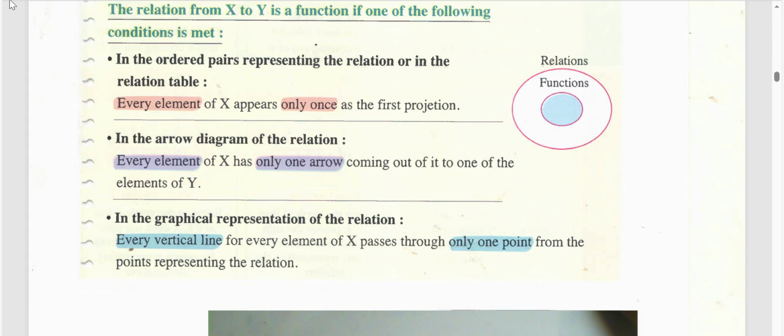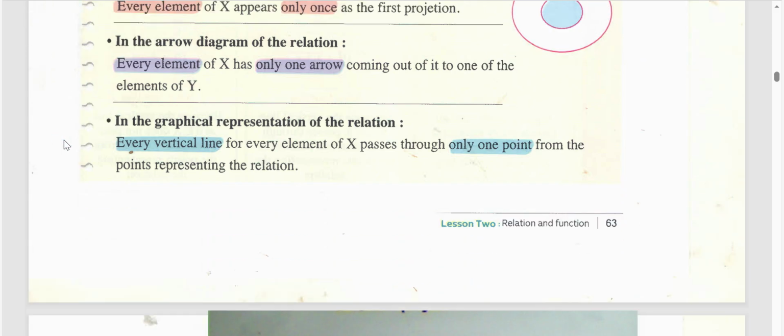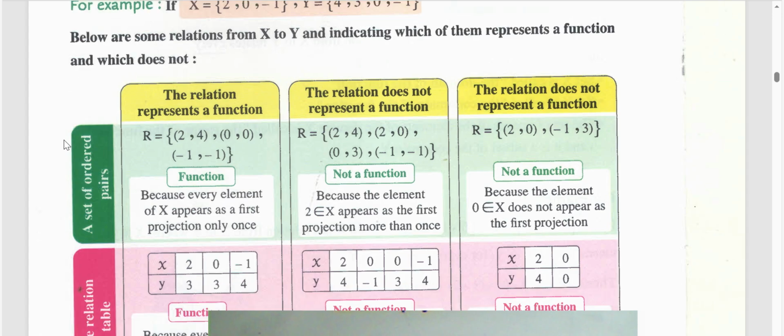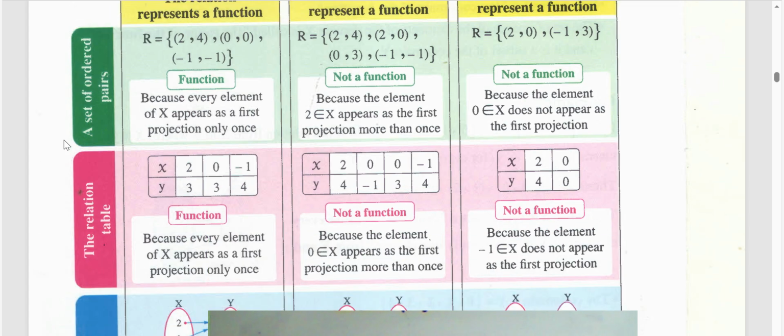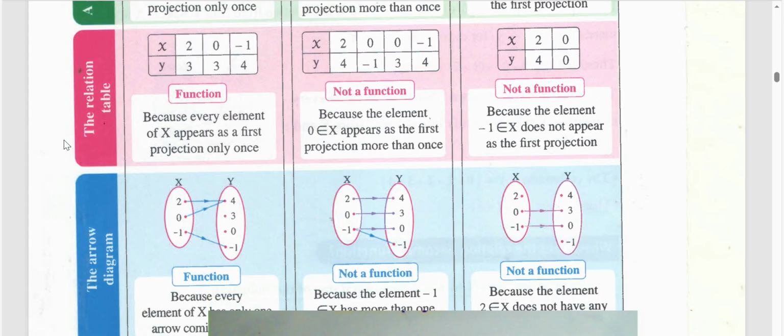This is the reason for the solution. Okay, and also we can write every element of X has only one arrow coming out of it to one of the elements of Y. Like this question, we have a function here because every element of X appears as a first projection only once.